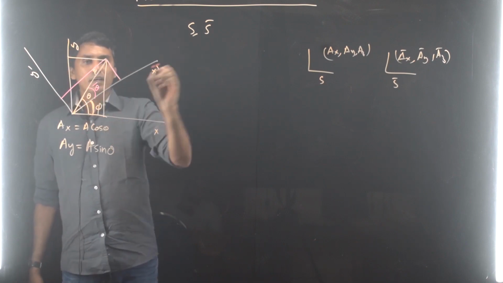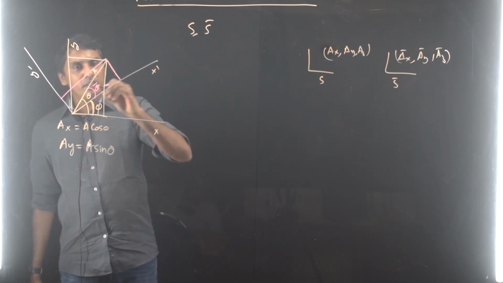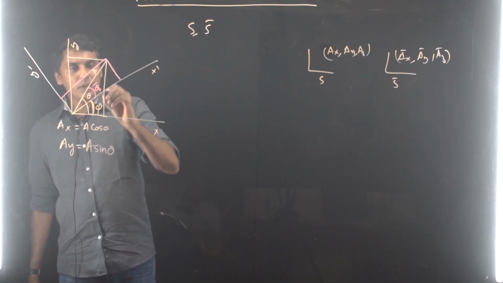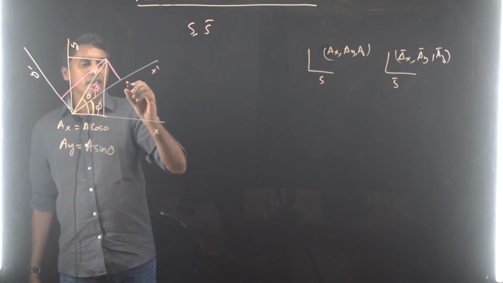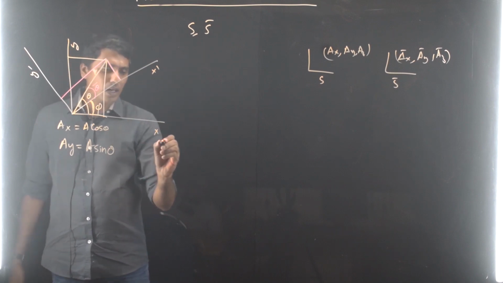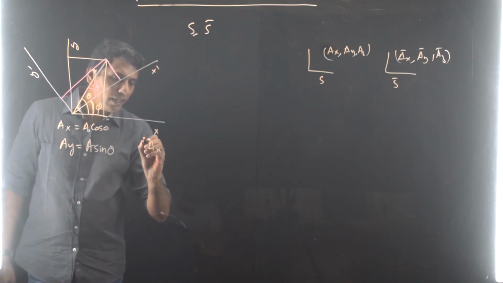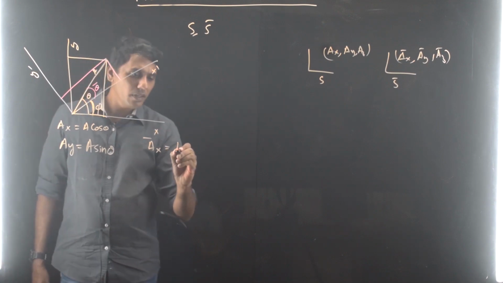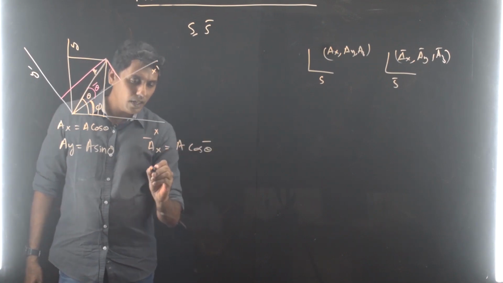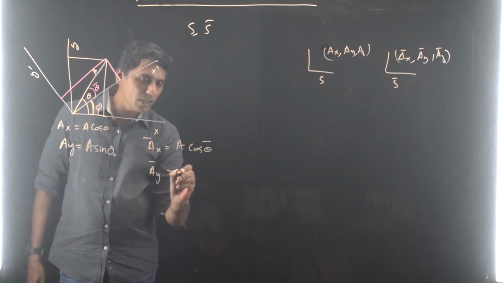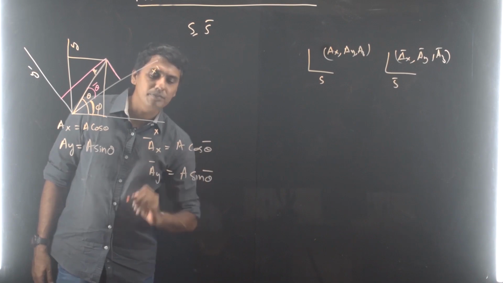This angle will be theta bar, where in the first system the angle was theta. So the x component Ax bar is equal to A cos theta bar, and Ay bar is equal to A sin theta bar, okay.